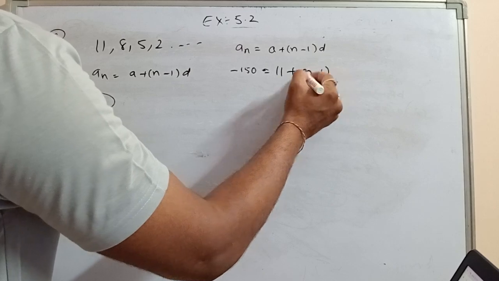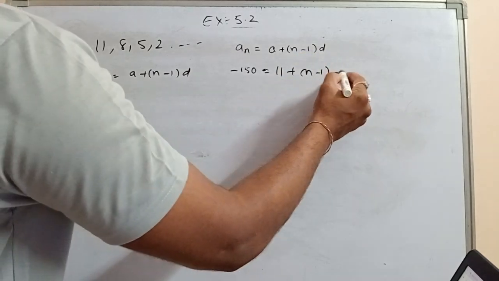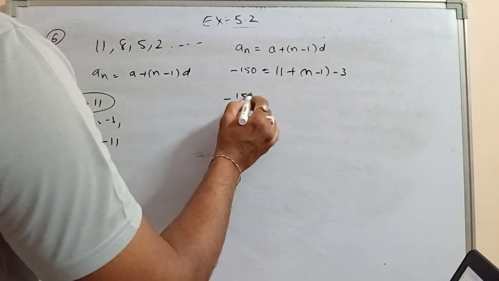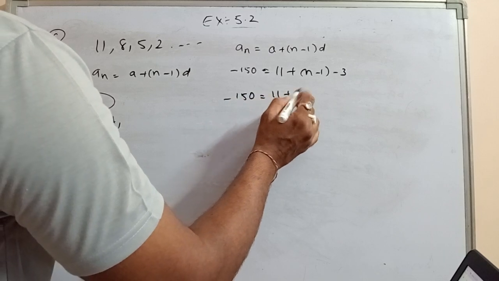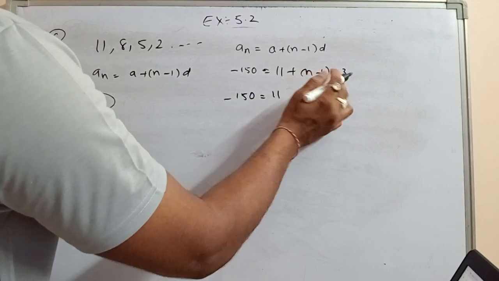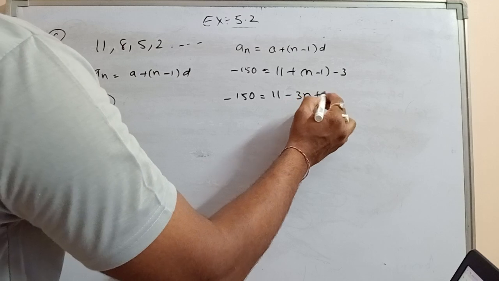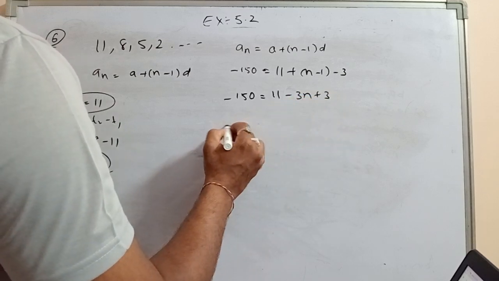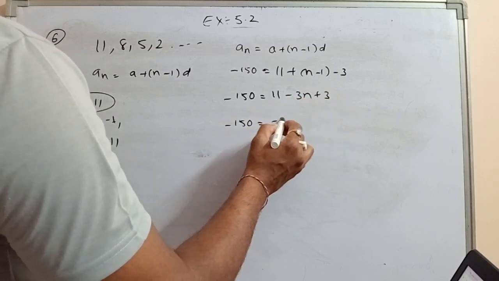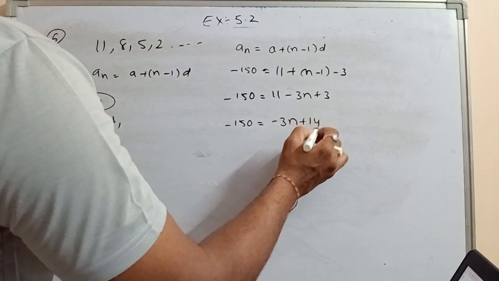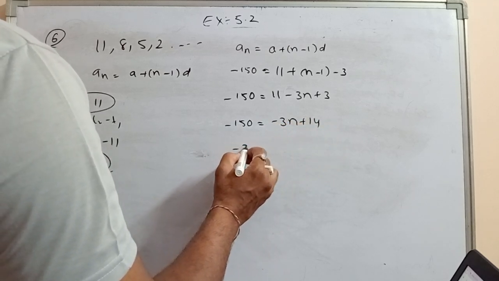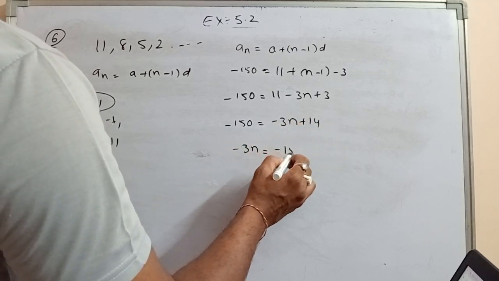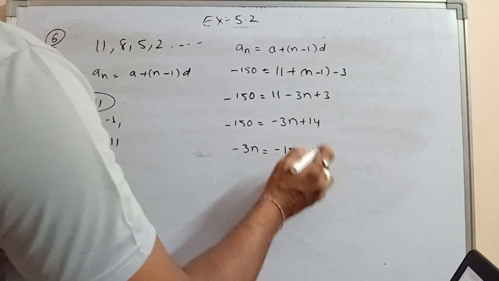What is the value of d we got? Minus 3. So minus 150 is equal to 11 minus 3n plus 3, minus 150 is equal to minus 3n plus 14. So minus 3n is equal to minus 150 minus 14.